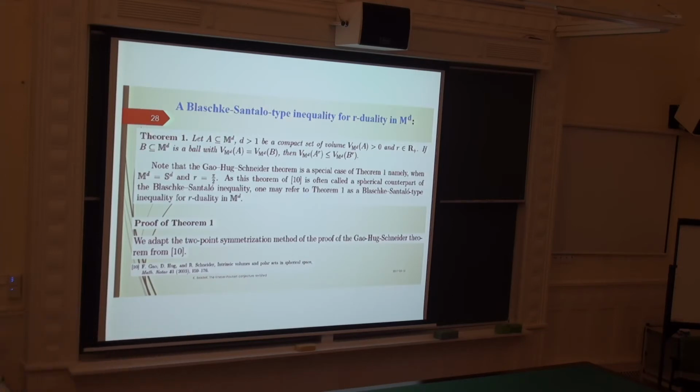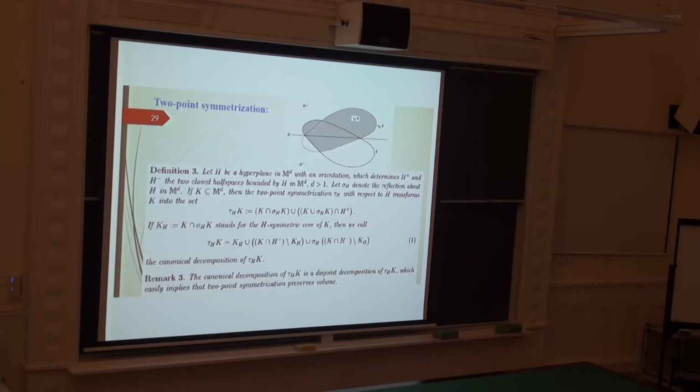So it's not applied directly to the set that we start with. It's applied to the polar set. Here, it turns out that one can, and that's where I learned about two-point symmetrization, actually. It's a nice method, and I can briefly go through how I prove this theorem.